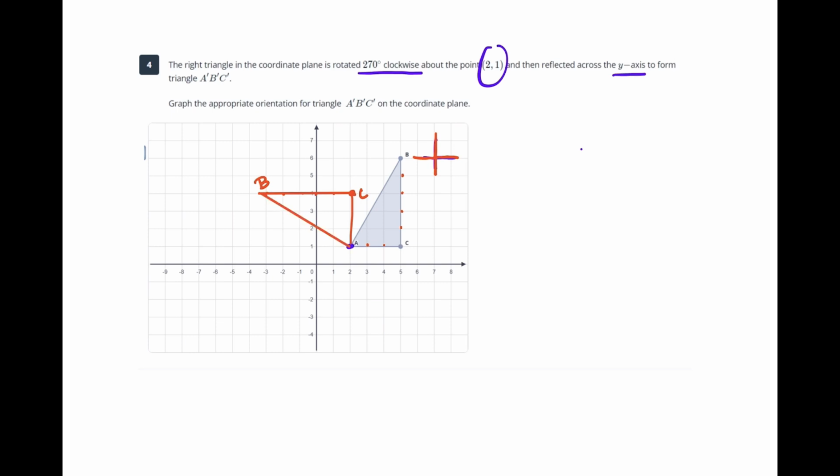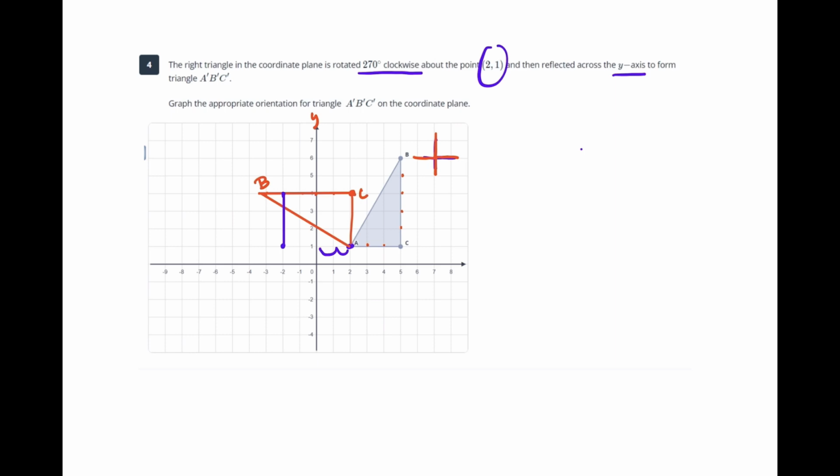And then it says reflect across the y-axis. Remember, this is our y-axis. So now I just have to flip this around and put our new points. So if it takes 2 to get to the y-axis, it should take 2 to get to the new point. And it's the same length here.